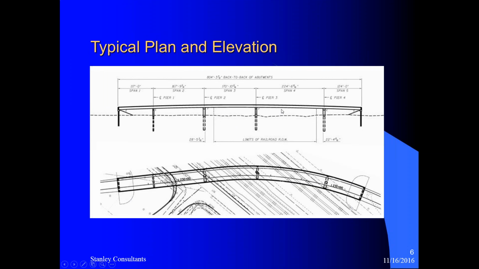A typical ramp is a multi-span structure, with the railroad right in the middle and York Road on the second span here.